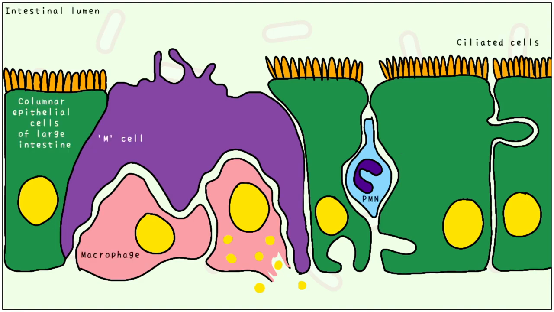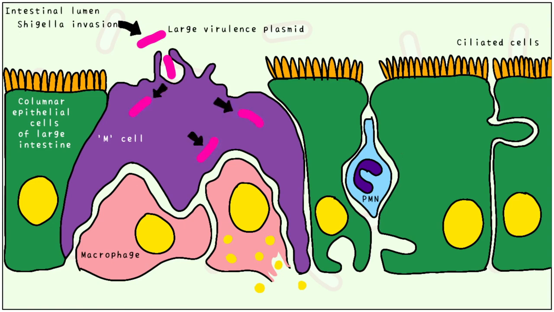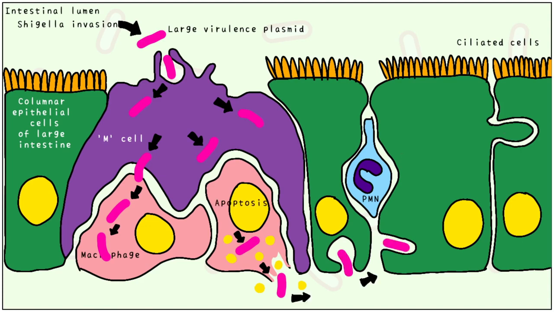Shigella usually invades the mucosa of the large intestine, gaining entry through M cells. This is mediated by a large virulence plasmid, which means that Shigella possesses many proteins that aid in its entry. It spreads through macrophages, which undergo apoptosis to spill out the bacteria.